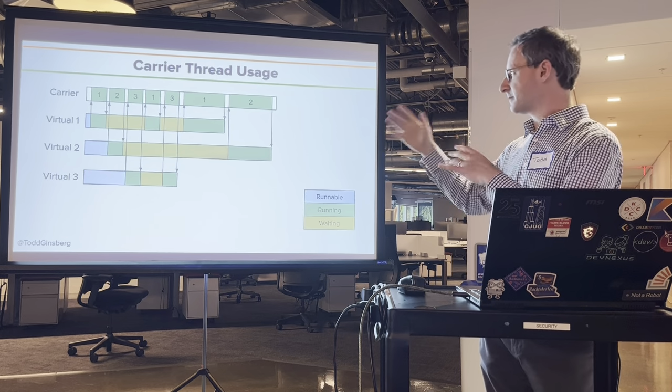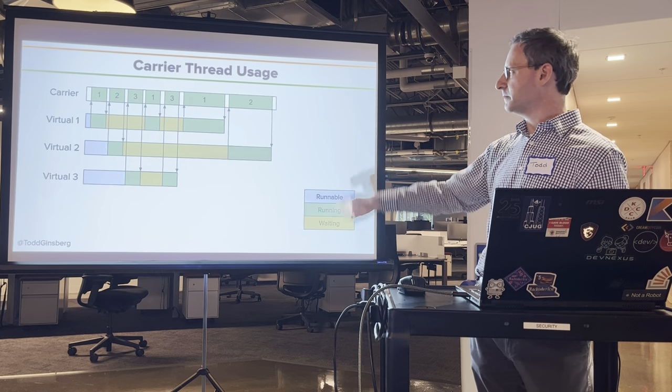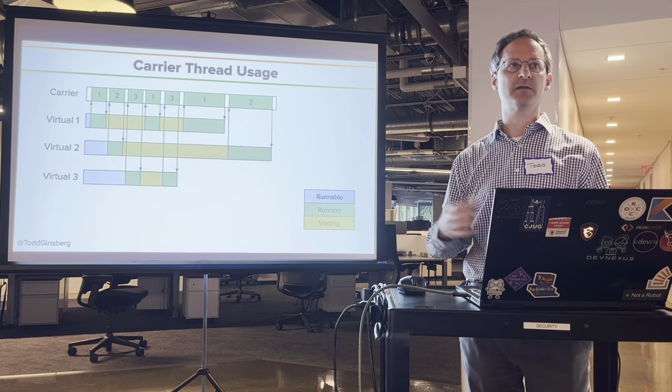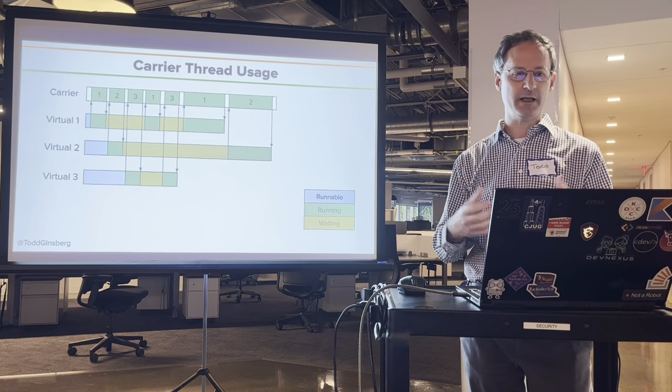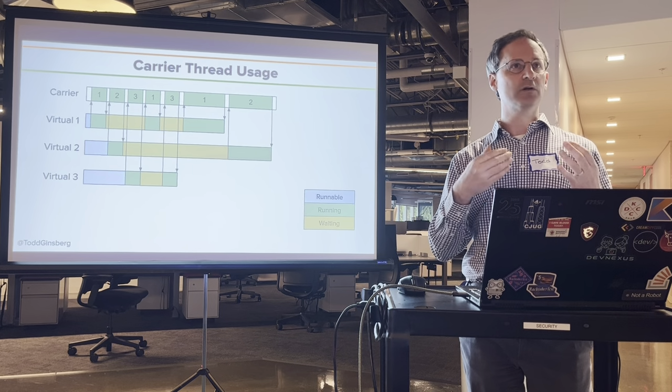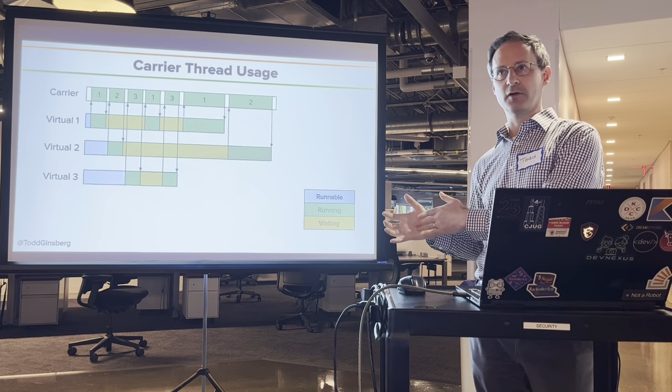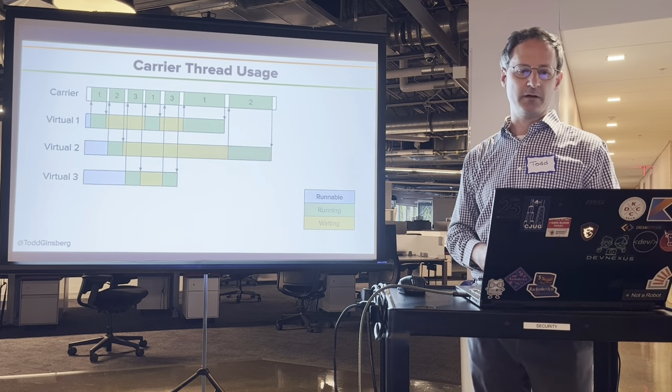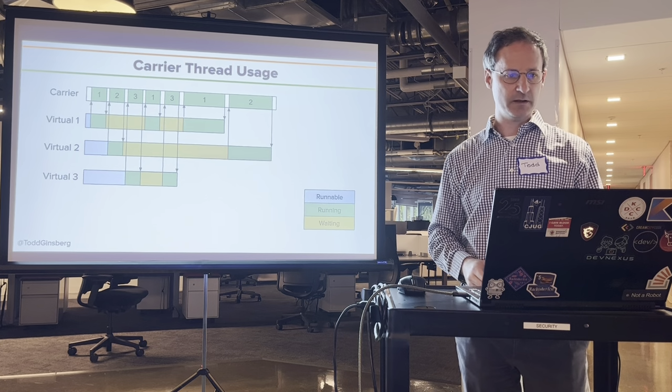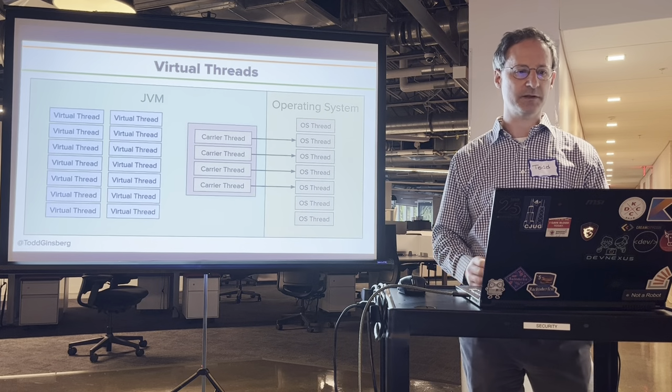This at scale, with potentially thousands or even millions of virtual threads, is what's happening under the covers. So you're still, as developers, using these threads like you would other threads. This is just what's happening under the covers, and it's a much more efficient use of the operating system's resources.